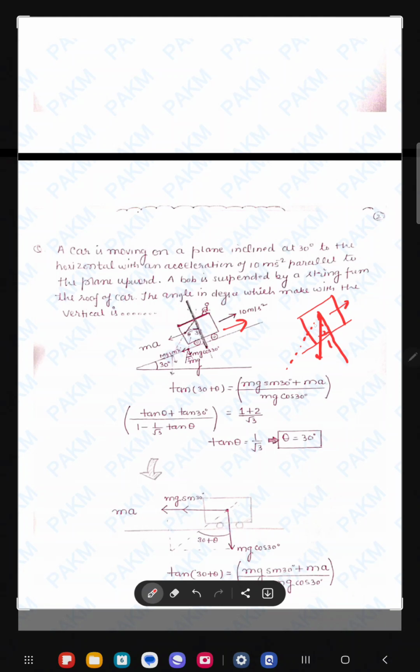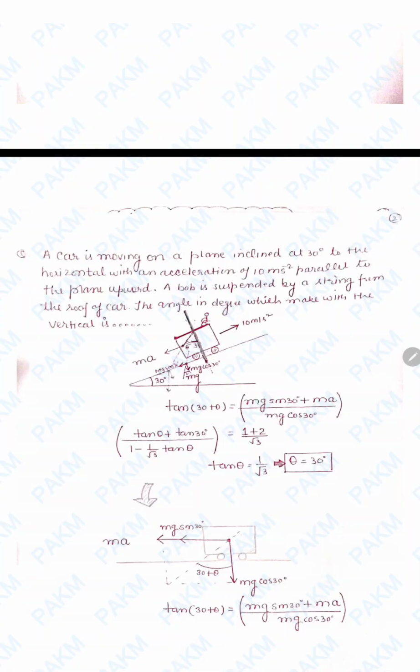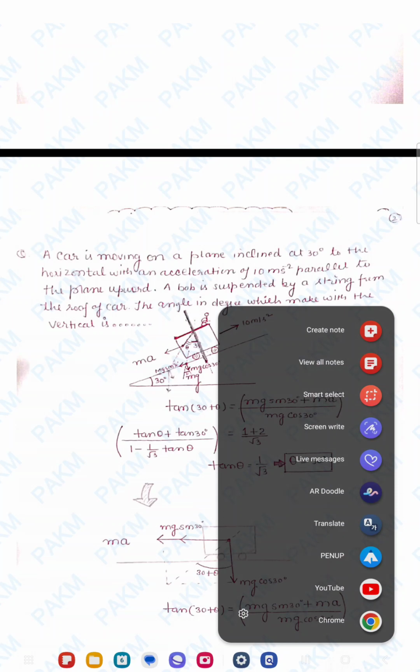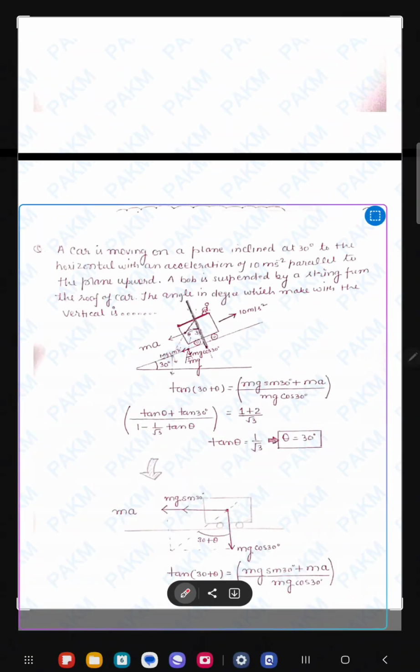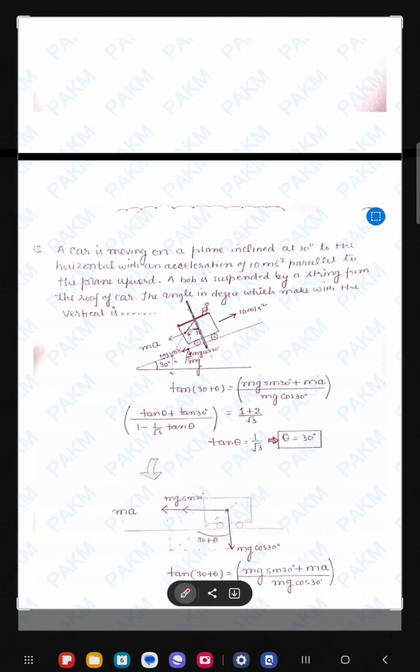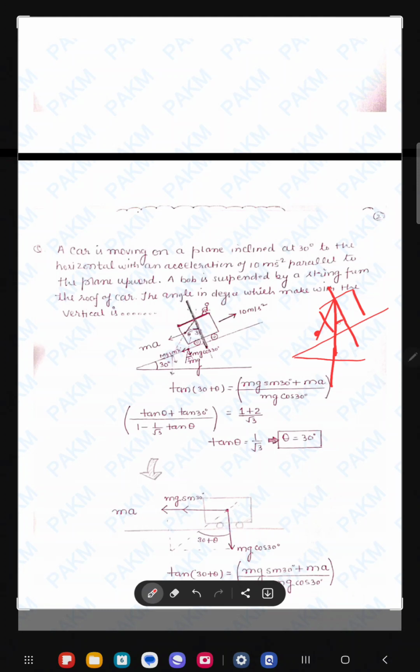Earlier it was downward, but because of the acceleration it will move to some point here, and let's say this is making angle theta, that is 30 degrees in fact, and this is the extra angle theta.